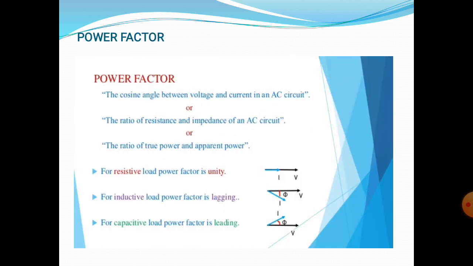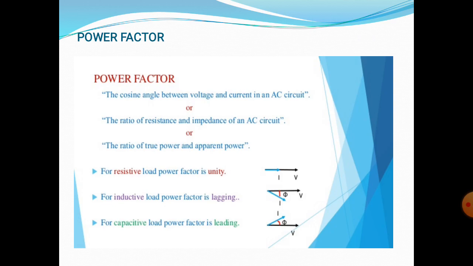And next one is power factor. Power factor is an important thing. Power factor is the cosine of the angle between voltage and current in an AC circuit. In other terms, it is the ratio of resistance and impedance of a given AC circuit.